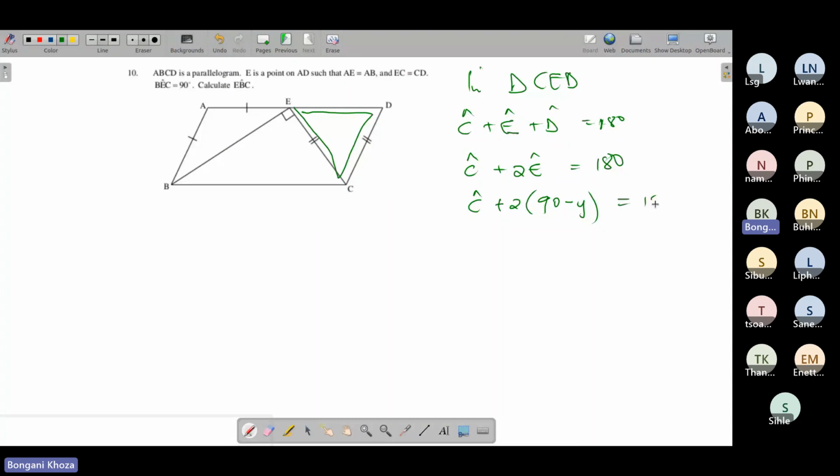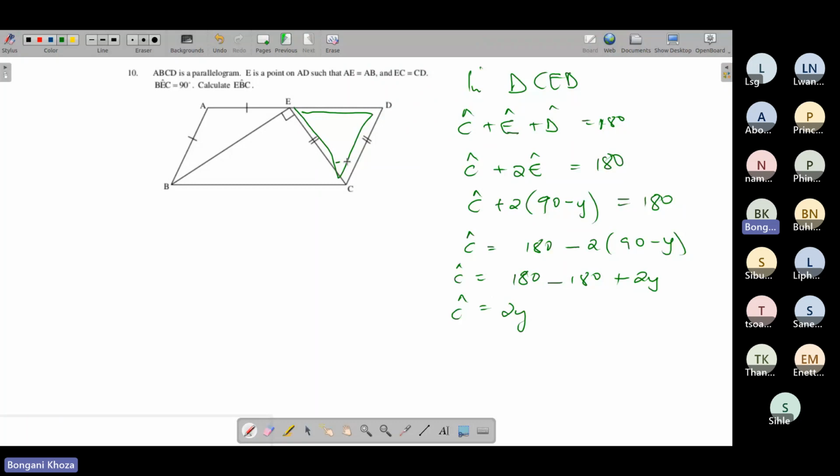Then from here, we can say our angle C will be equal to 180 minus 2 into 90 minus Y. So angle C is 180 minus 180 plus 2Y. So angle C is just 2Y.